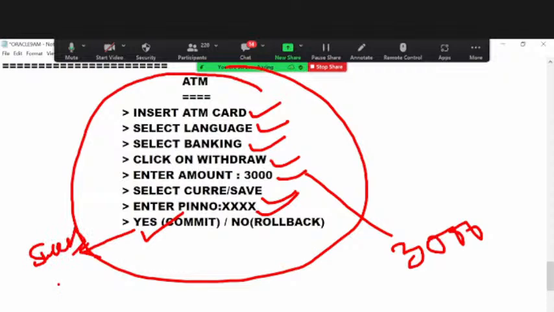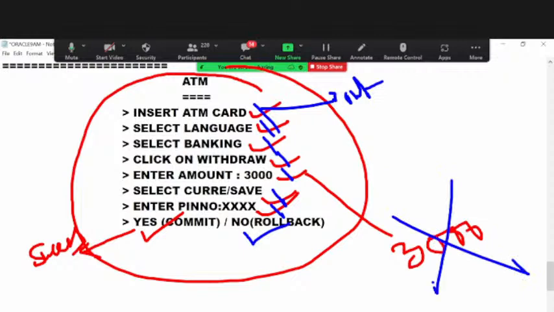Now this is one case. Otherwise, if I select no, then everything is cancelled. Your ATM card will come outside and you're not getting 3,000 rupees. And what is your balance?